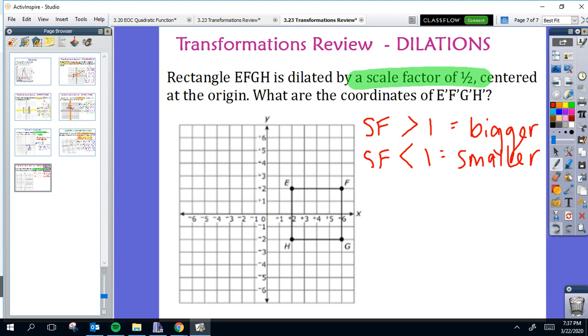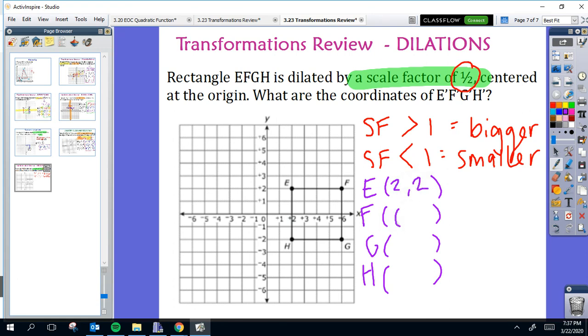All right, so in order for us to do that precisely, we need to figure out first, E, F, G, and H have what coordinates originally? So E has a coordinate of 2, 2. F has a coordinate of 6, 2. G has a coordinate of -6, -2, and H is 2, -2.